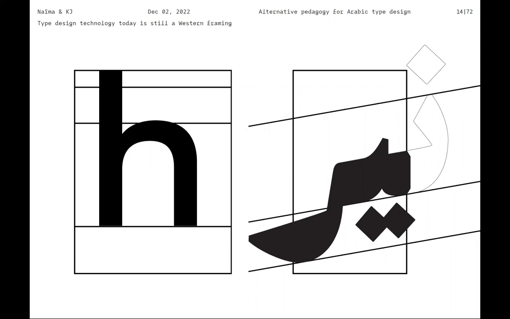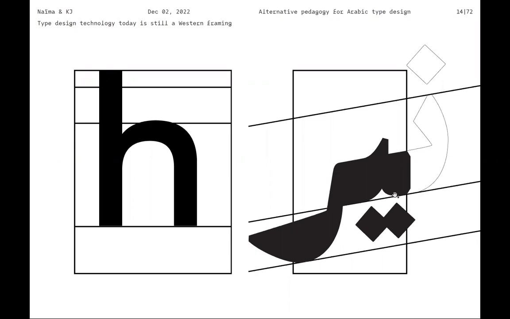We had to write a lot of code for the Arabic to perform properly in different platforms. And recently there is Glyphs, which is a font editing software that gives a lot of importance to world scripts, including Arabic, but still the mindset is we have this rectangle and we need to fit in the Arabic in a rectangle.